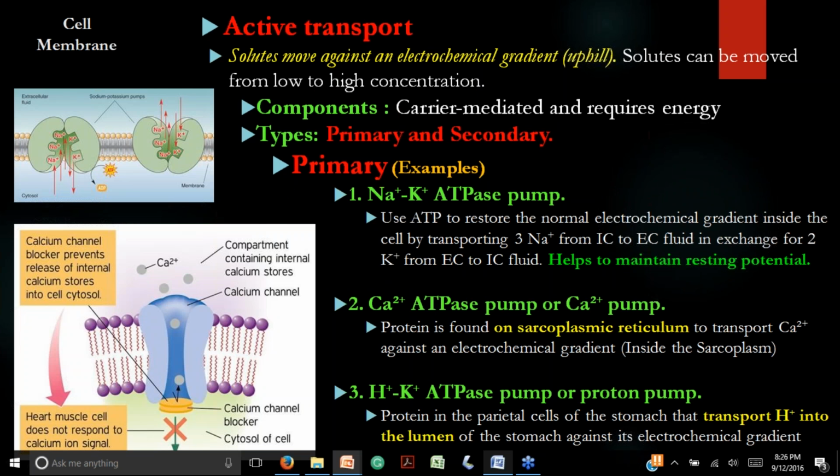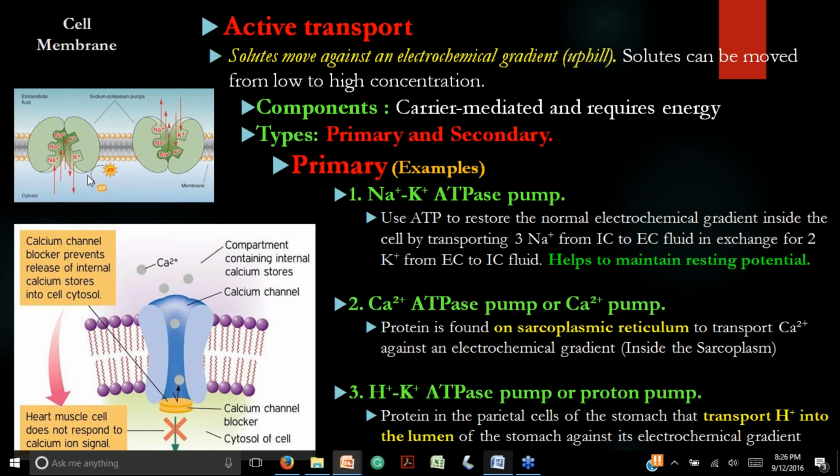So let's start with active transport. Active transport, unlike passive transport, is going to consume energy. So basically, they are going to use ATP. This ATP is going to give a phosphate to the transport protein, and that is called phosphorylation.